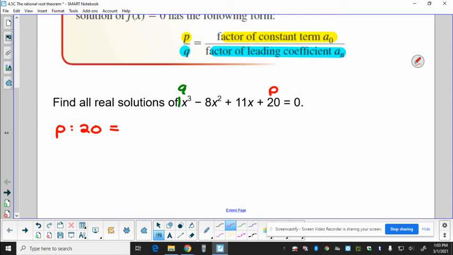So let's think of all the numbers that divide into 20. You got 1, 2, 4, 5, 10, and 20. Now I want you to do the same thing with Q, which is going to be really easy this time. And that's just going to be 1.